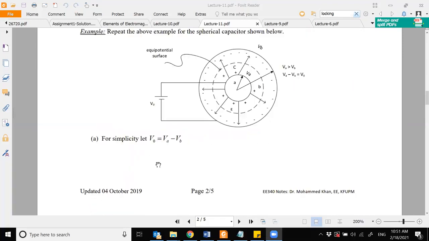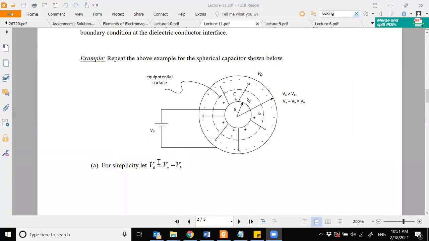But the good thing is, let's just look at our knowledge and our experience. So what does our experience say? How would the electric field be, from our experience? The electric field will be radial. It will be going away from the inner conductor and towards the outer conductor. It is going like this. So it will be radial.